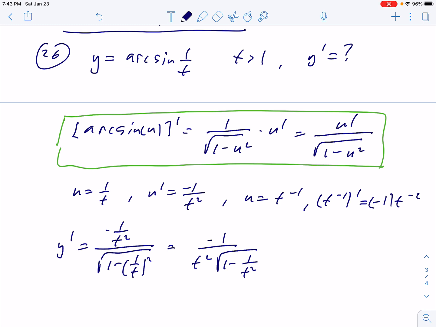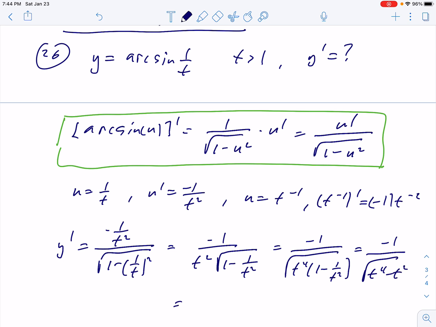This can be simplified. One way to do it is just bring t squared inside. It will get inside and become t to the fourth power. I can write it this way. t to the fourth power multiplied by 1 minus 1 over t squared. So this will be negative 1 over root t to the fourth power minus t squared.